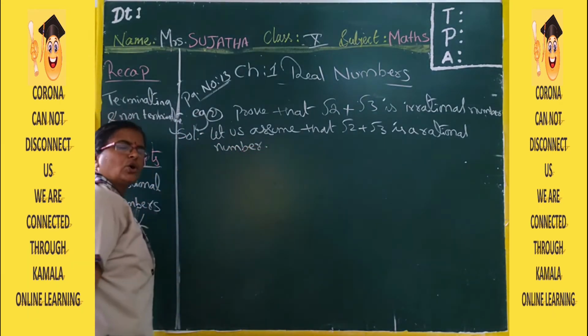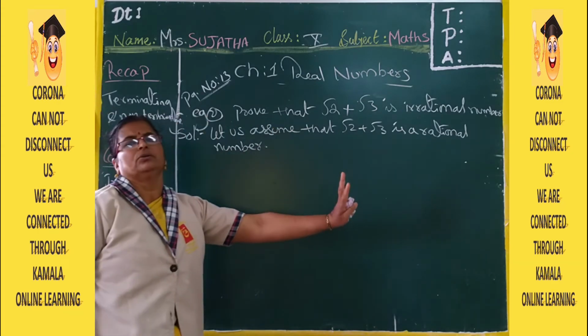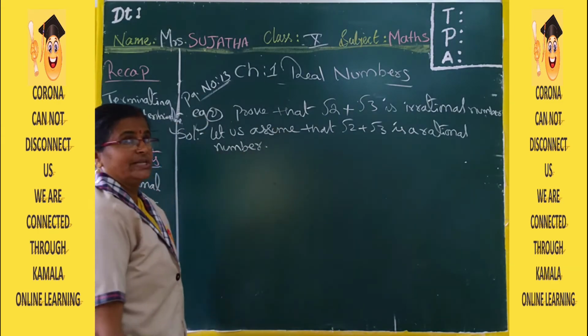These two lines are common marks. For every sum you have to write two lines compulsorily. What is it?